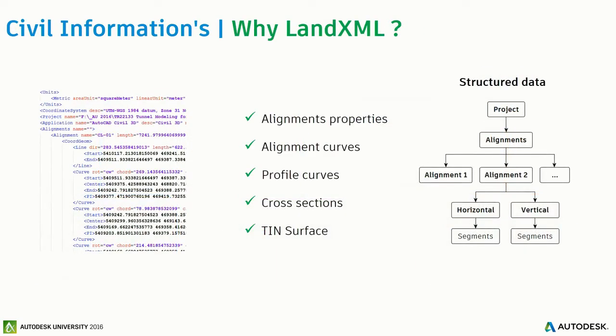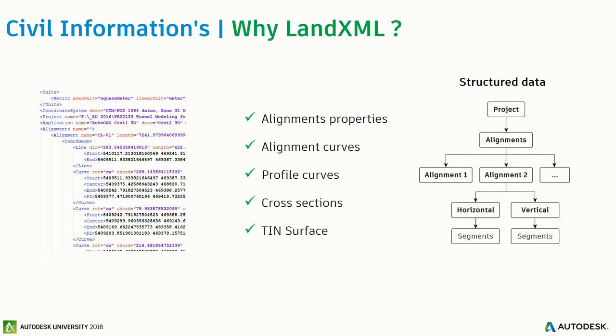So why LandXML? As I said, the LandXML conveys a lot of information: the alignment properties, the curves of the profile, of the horizontal alignment, the cross-section, and also the TIN surface. We are not going to get the TIN surface into Revit in this class, but it's possible as well. It's not an object-oriented source file, the LandXML, but it's structured data.